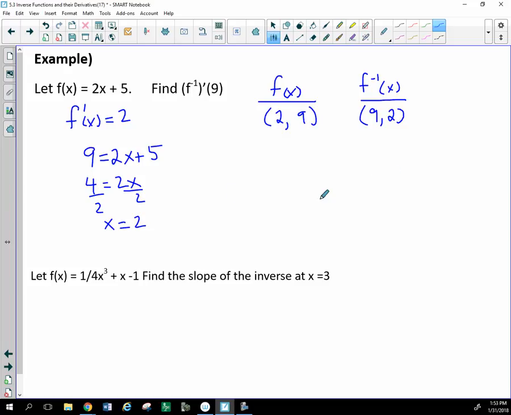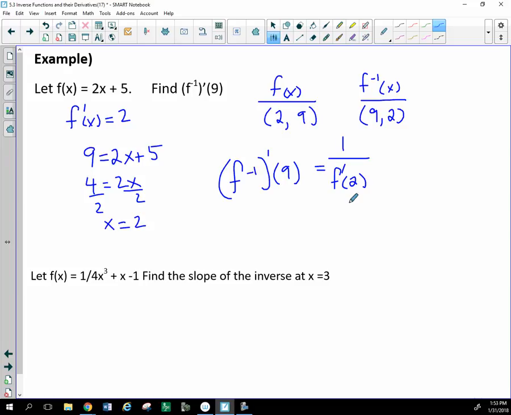Now if I want to take the derivative of the inverse at 9, it is the same as taking the derivative of the original function at the x value, which is the y value of the inverse.